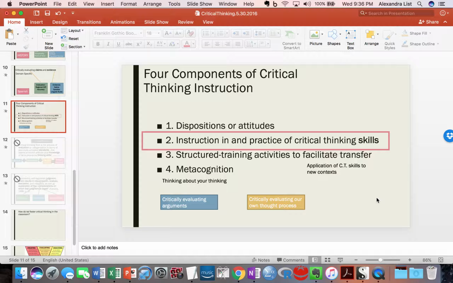What kind of evidence might they present? Thinking about counter arguments, counterclaims, or antithetical arguments. So what might someone else say, and how might they counter argue against me? How might they critique our own thinking? And so that requires us to critically evaluate our own thought process.